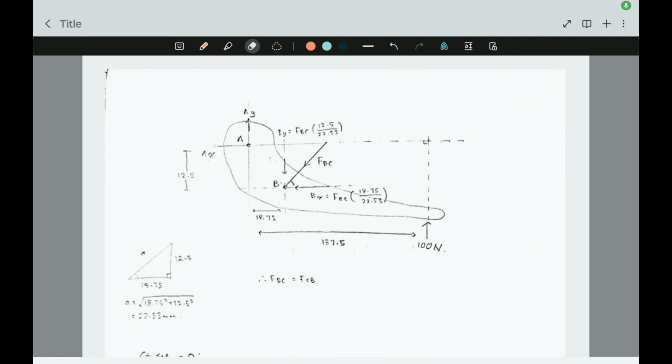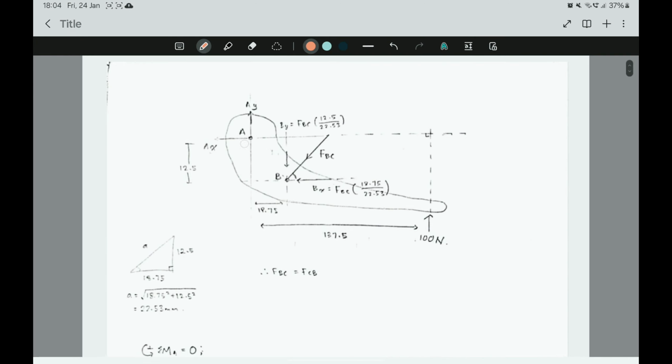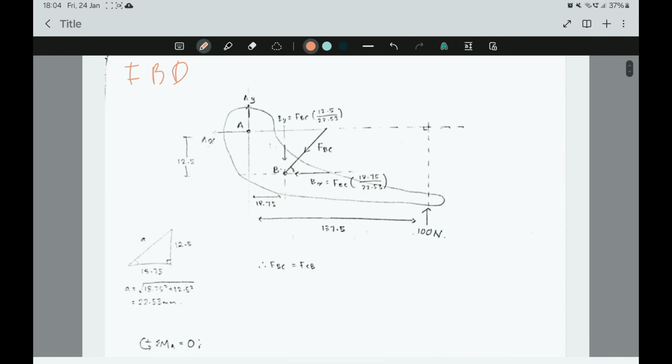First, we have to draw the free body diagram on this part. So we have point A and point B. At point A we have AY and AX. This is force.